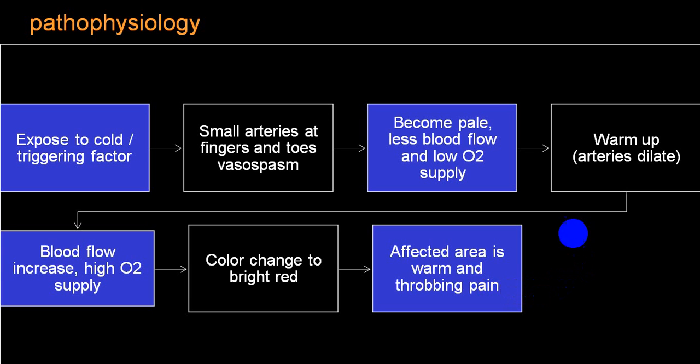Now, if this spasm persists, oxygen is utilized, and the person will develop cyanosis. And now either spontaneously there is vasodilatation, or by warming, or by drugs, this phenomenon will take place.